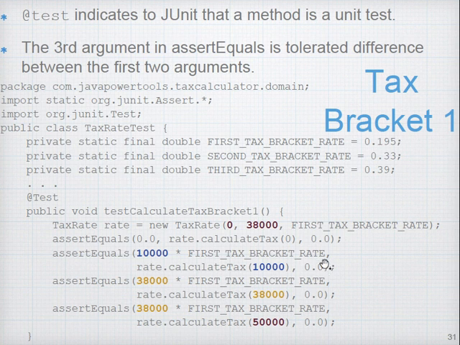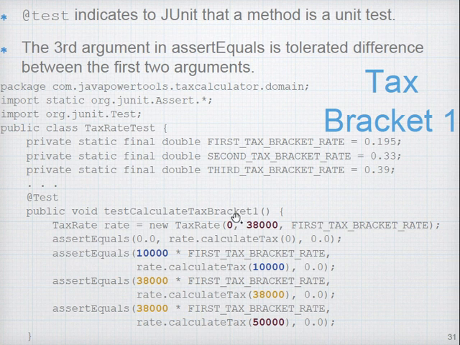If you don't want to accept any error, then you can use 0.00 as the tolerance. But sometimes we want to allow up to half a cent or something like that. The @Test annotation is how we tell JUnit that this is a test.